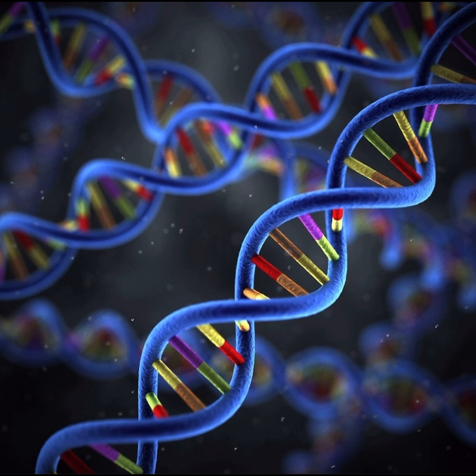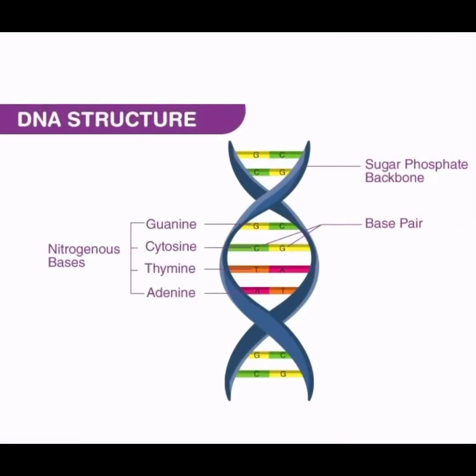Finally, it was proved that DNA is responsible for storing genetic information in living organisms. The following diagram explains the DNA structure representing the different parts of the DNA. DNA comprises a sugar phosphate backbone and the nucleotide bases: guanine, cytosine, adenine and thymine.